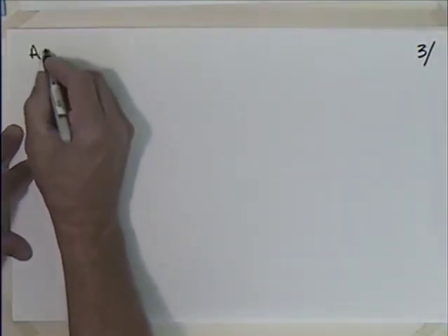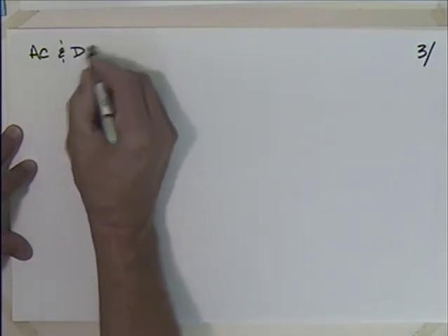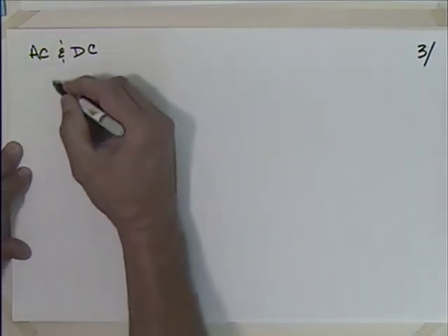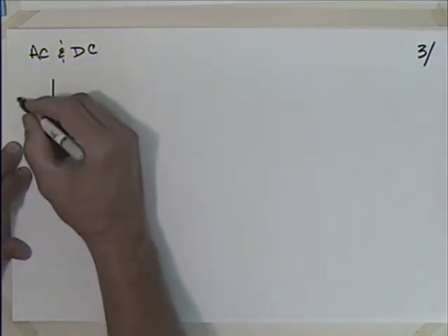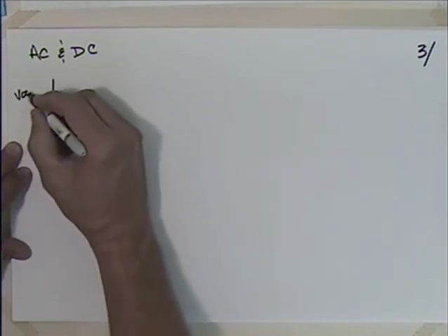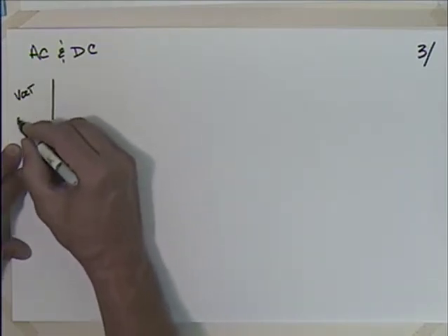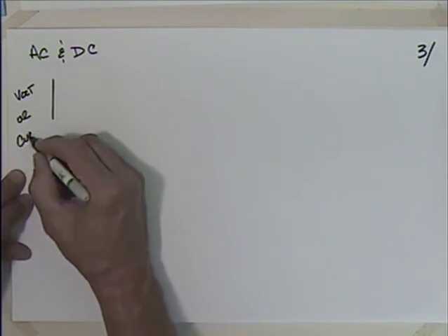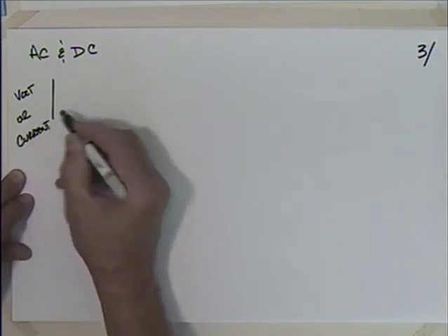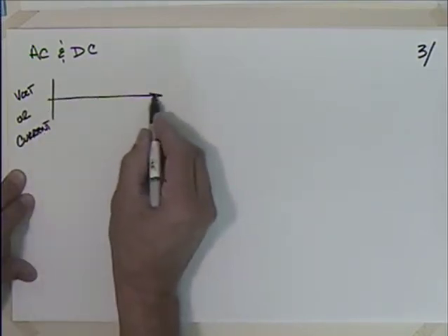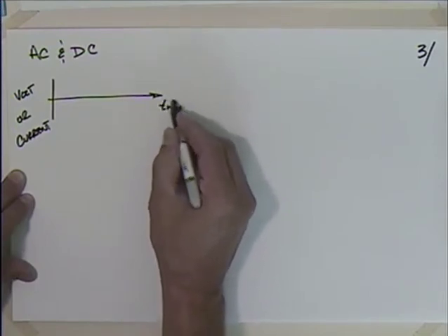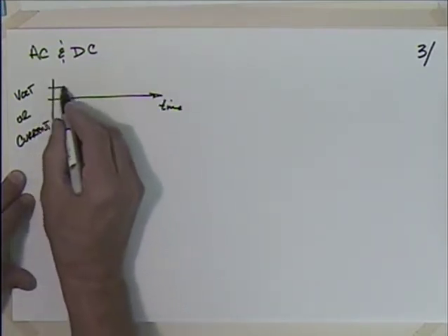Maybe we should say a word about AC and DC at this point. That's really just looking at a reference with respect to time. So if we look at voltage or current over time, if we have DC, it's kind of boring.